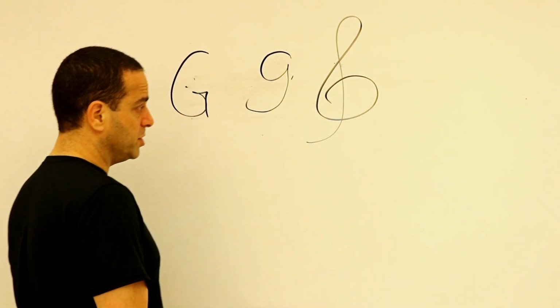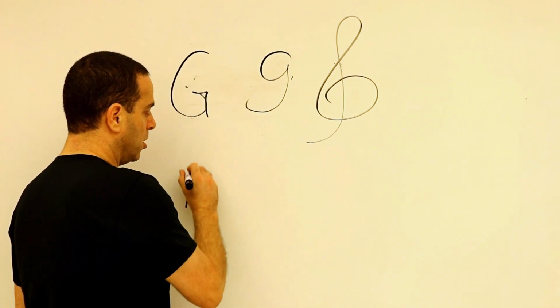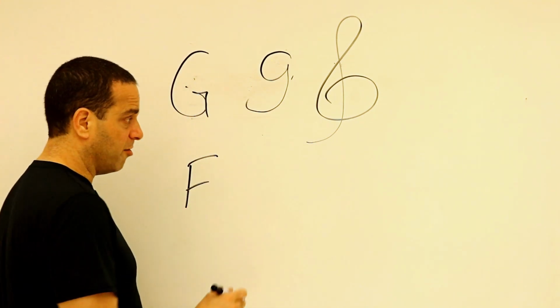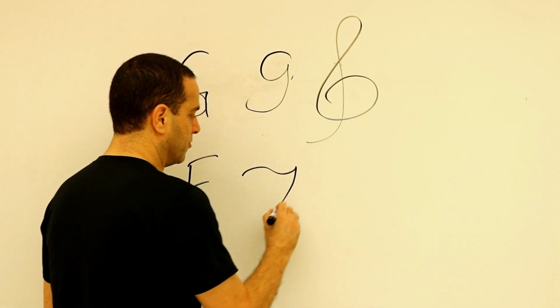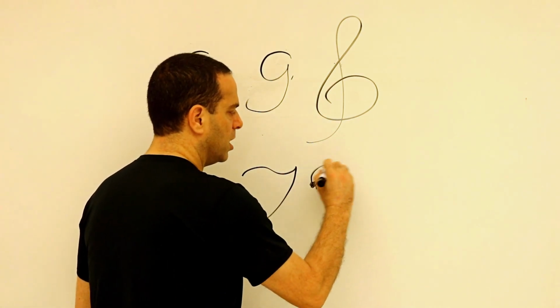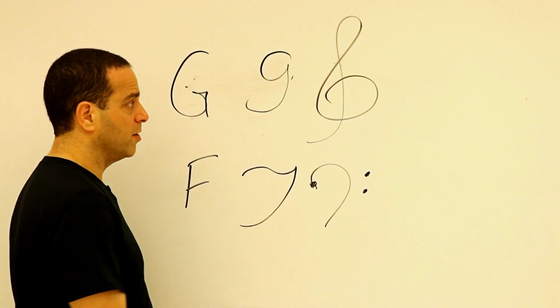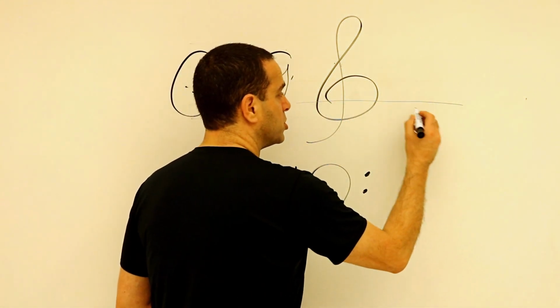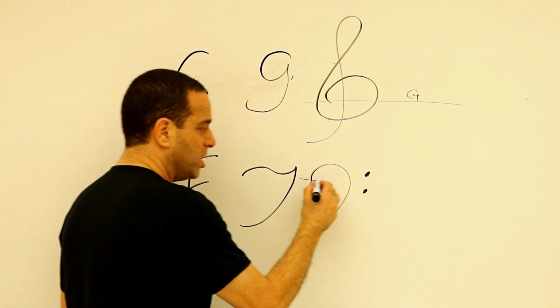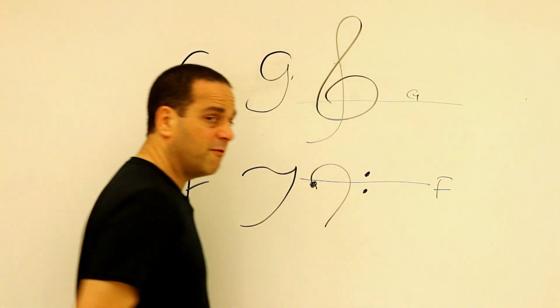The other clef that we still use was originally around the lower line of F, and it changed over time, and eventually it turned into the clef that we use today called the F clef or the bass clef. So the treble circles around the G line, and the bass clef works around the F line.